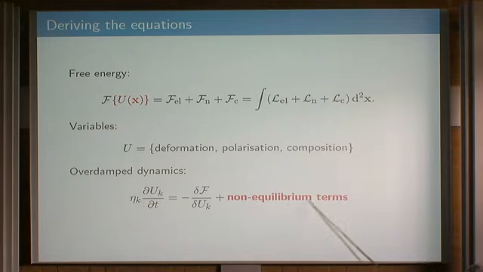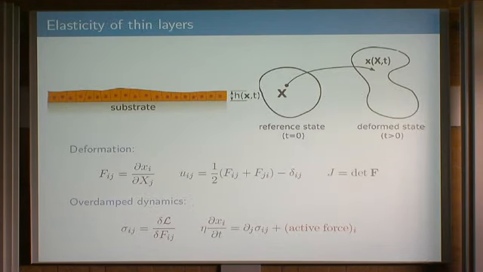And to this, we can add non-equilibrium terms, active forces and active terms, which we can do really anything here. There is a lot of freedom, too much freedom maybe. Now, we usually deal with thin layers, like an epithelium layer of cells, and also sheets of biomimetic materials.